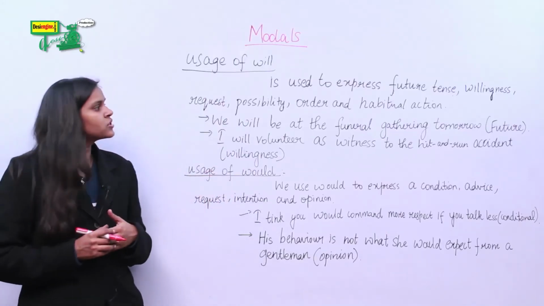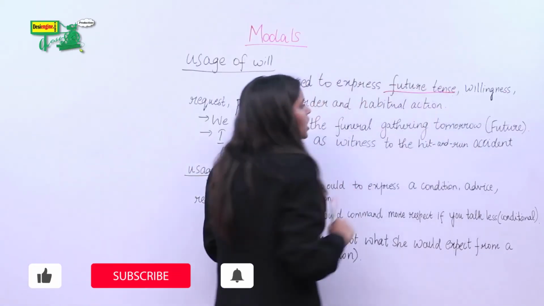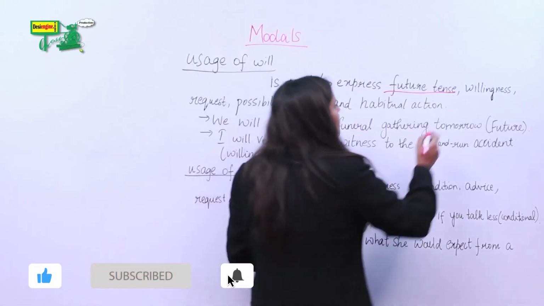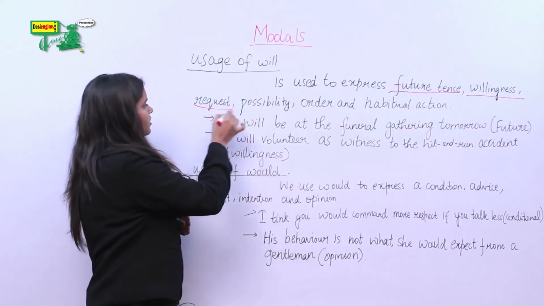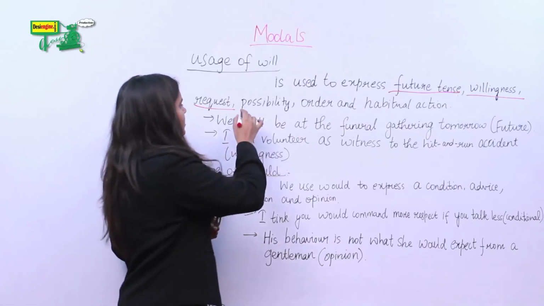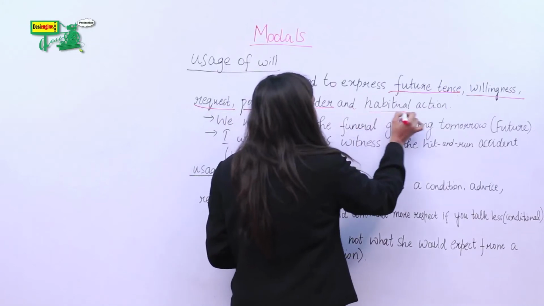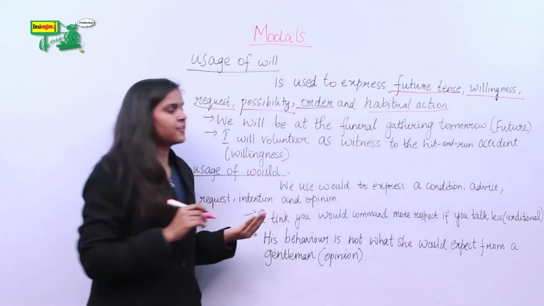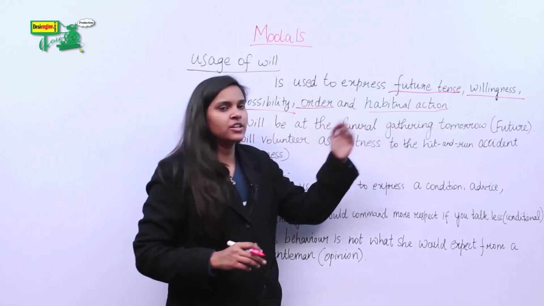Will is used to express future tense, willingness, request, possibility, order and habitual action. Let's take few examples. We will be at the funeral gathering tomorrow.